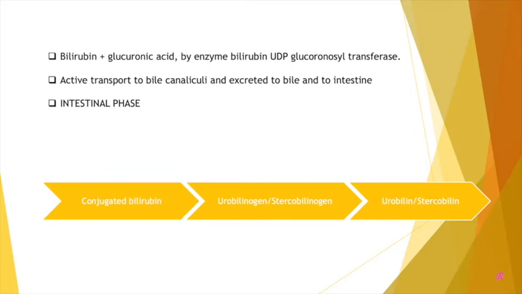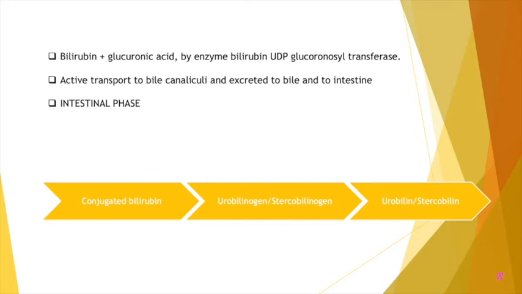A small amount is getting reabsorbed from the small intestine. It will go into its previous pathway. It is a kind of recycling. That is, it goes into its previous pathway. It gets reabsorbed from the small intestine. Who will reabsorb it? It is the portal vein which reabsorbs the urobilinogen.